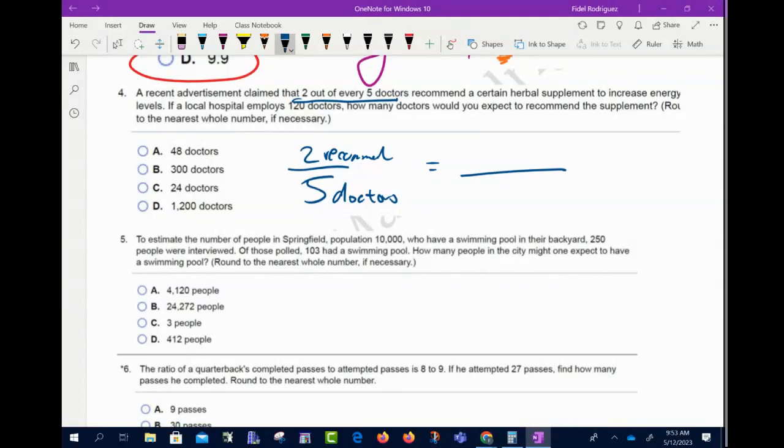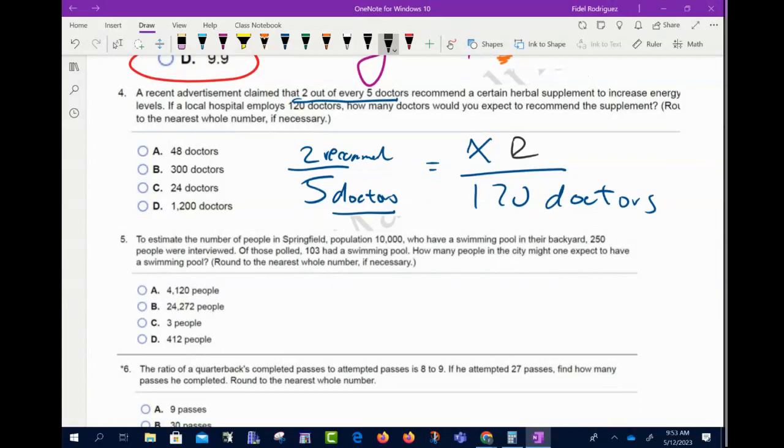Now, what's the total number of doctors we have? 120. Look, y'all, if I got doctors on the bottom, I'm going to put doctors on the bottom over here too. Does that make sense? And I'm going to put an X up here, and these are going to be the ones that recommend. I'm just going to put an R for recommend.